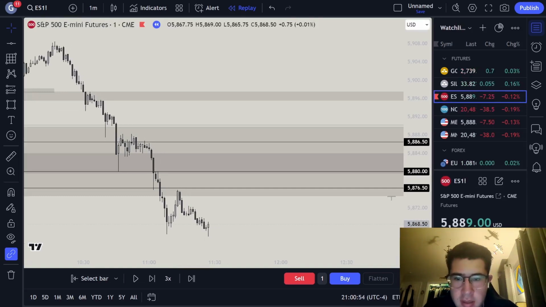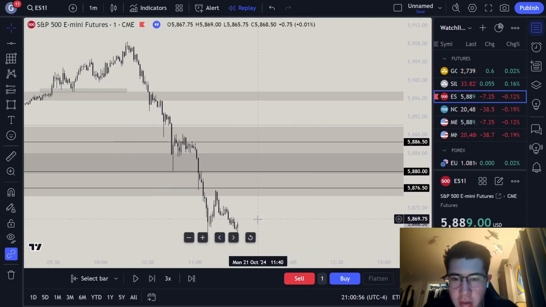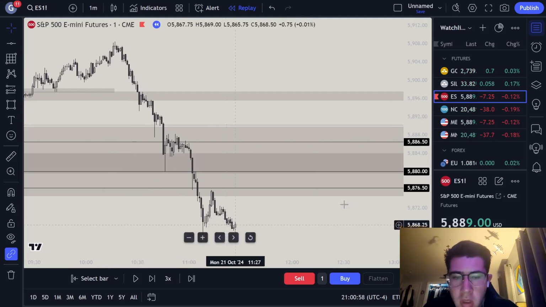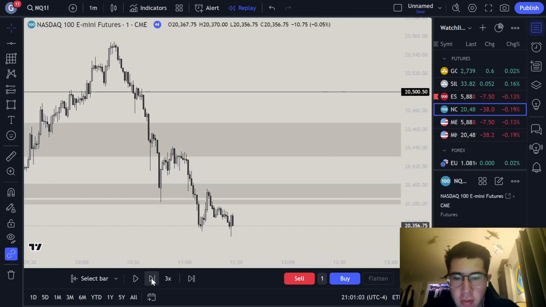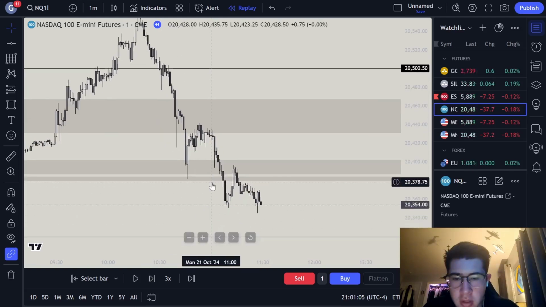Same sort of thing on ES. Yeah, okay. So it doesn't look like the price is going in the direction we want. So once it's 12, if we don't see anything, I would not have taken a trade today.